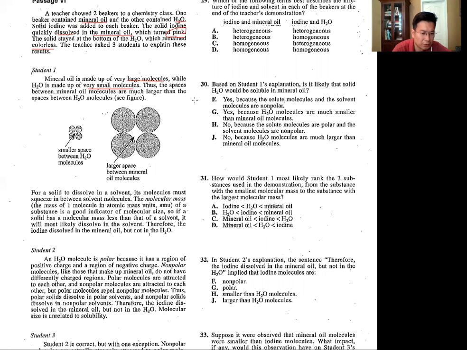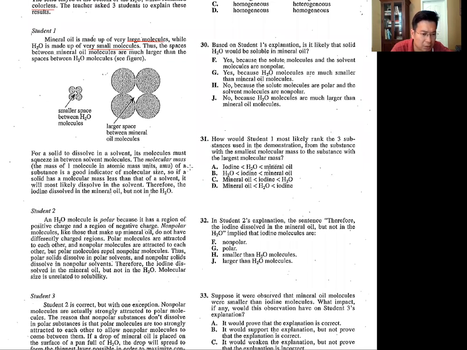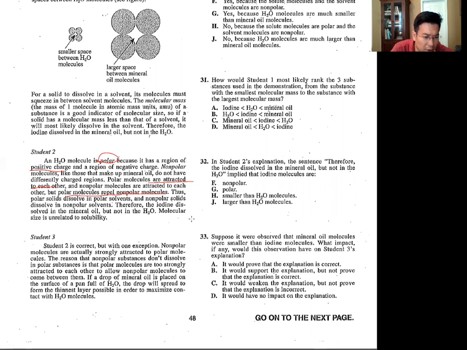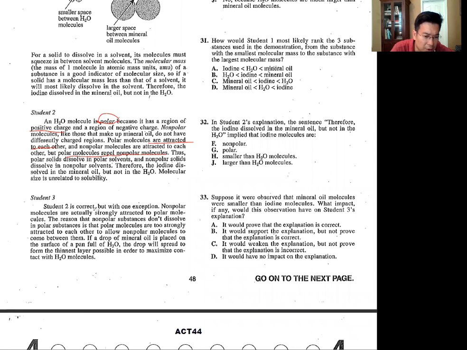So it says for a solid to dissolve in a solvent, the molecule must squeeze in between solvent molecules, blah, blah, blah. And then student 2 says the water molecule is polar, because it has regions of positive charge. And then polar molecules attract each other, non-polar. The polar molecule repels the non-polar molecule. Okay. So 2 is correct, but with one exception: the non-polar molecule actually can attract to the polar molecule.